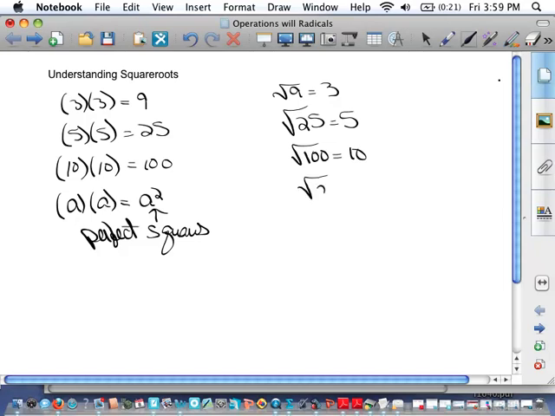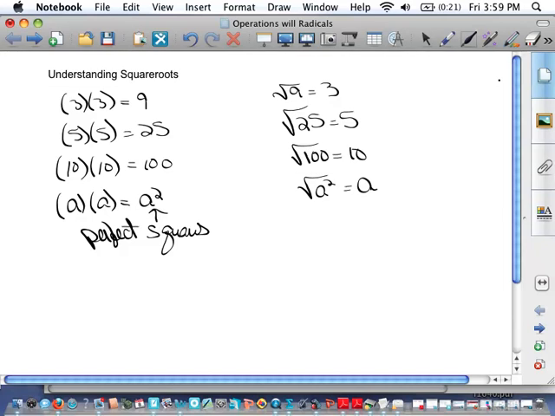The square root of A squared is simply A. So all a square root does is undo that process of multiplying the number by itself. So you're just looking to find a perfect square and then find that number.